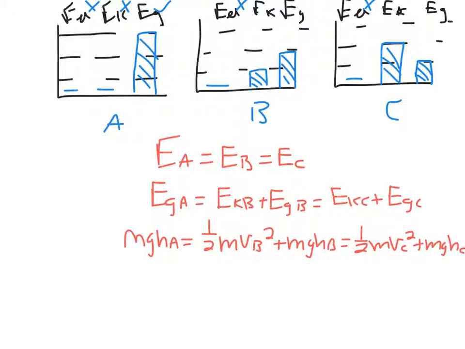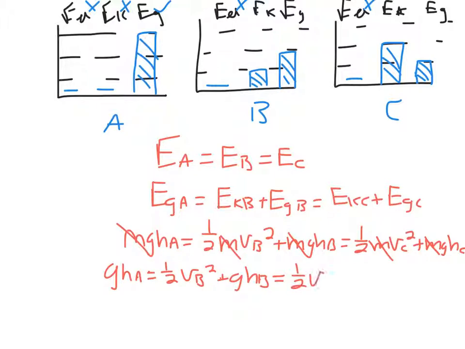You'll notice that m appears in all 5 terms. This is not always the case, but here my m's can cancel out. We are left with g, height at A, equals 1/2 vb squared plus g, height at B, equals 1/2 vc squared plus g, height at C. This is optional.